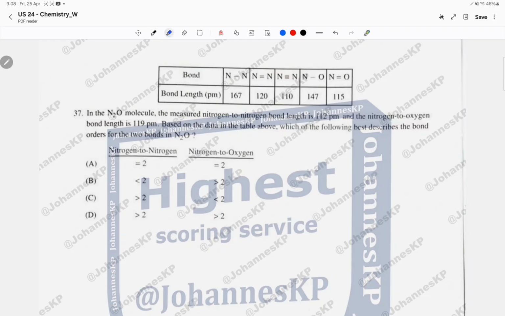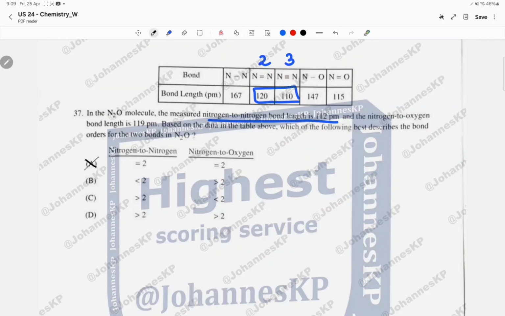So the bond order for N to N is going to be 112, which is between 110 and 120. That means there is resonance between the two, right? And so the bond order for a triple bond is a 3, but for a double bond is a 2. It's going to be between 2 and 3, so more than a 2.